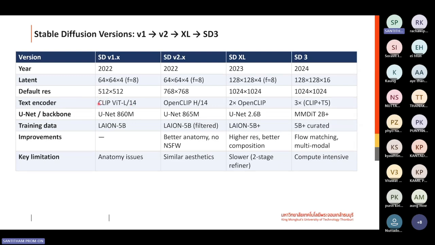Actually, it contains an image encoder and a text encoder that allow you to encode image and text to the latent space. You can search the internet and see the model card that explains quite well how it works. And LAION-5B is the very large dataset that is used to train the image model.